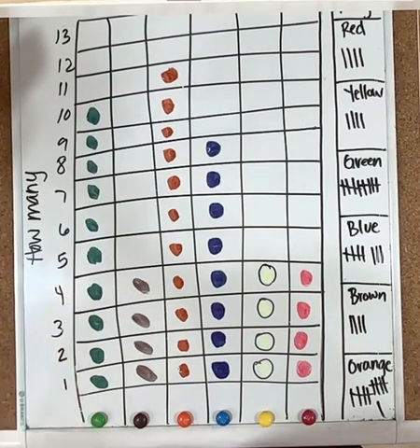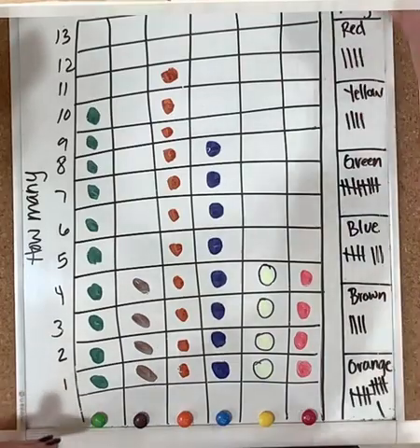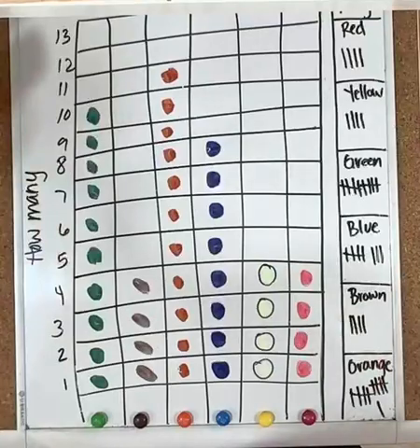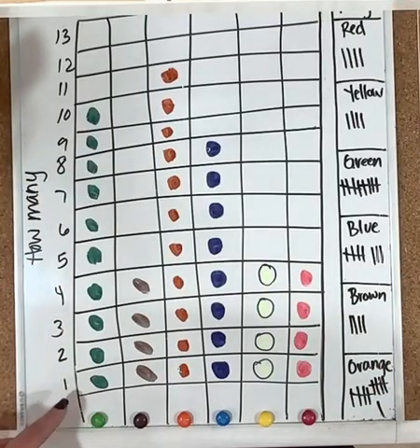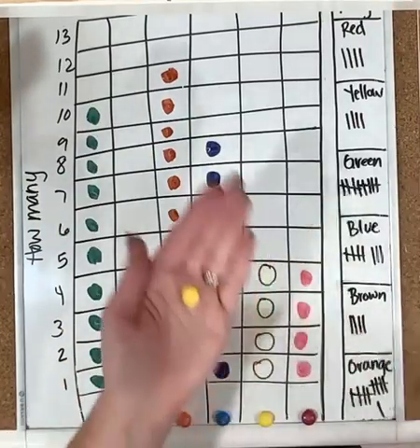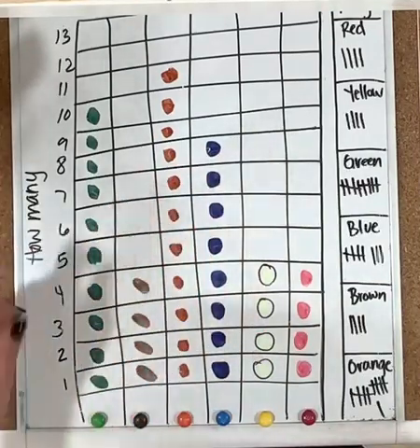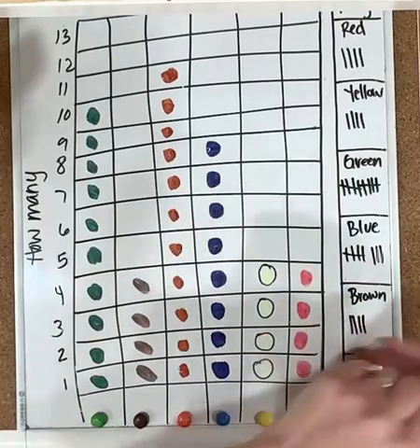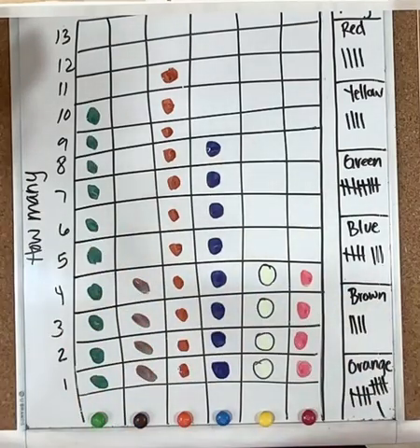Maybe I want to count by 5s. Because to put 25, 26, 27 kids on each chart would be a lot. But in this instance, I have 1, which means that I'm talking about 1 M&M. 2, I'm talking about 2 M&Ms. And so on and so forth.